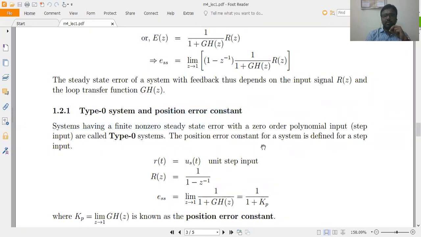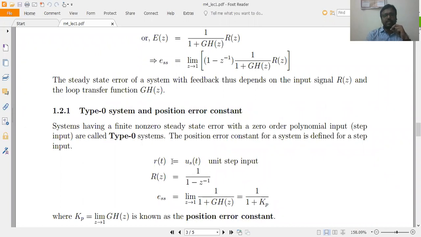The position error for this system can be taken as R of t is equal to U of t, because U of t is nothing but a step function.